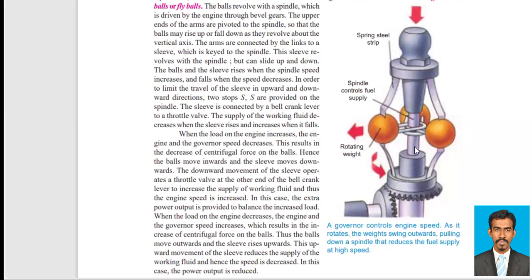If it moves up, these balls will rotate at a higher speed. Based on that, there would be a setup connected to the fuel supply, which will control it. I can show you a basic diagram.